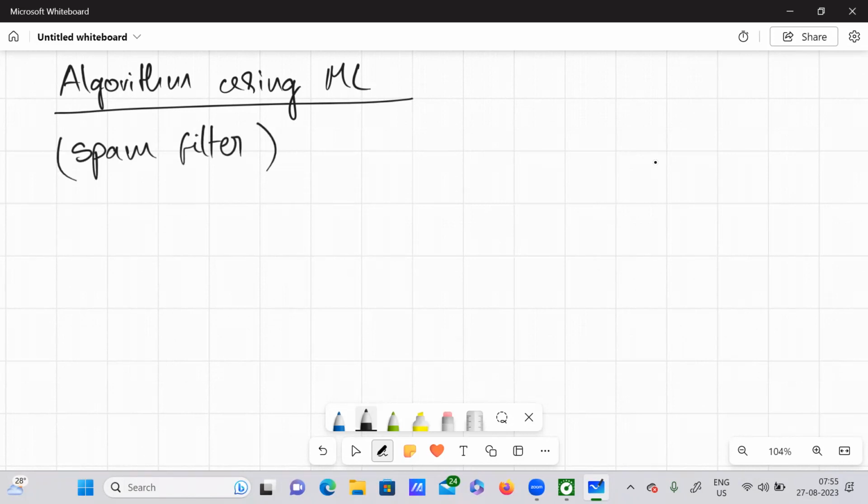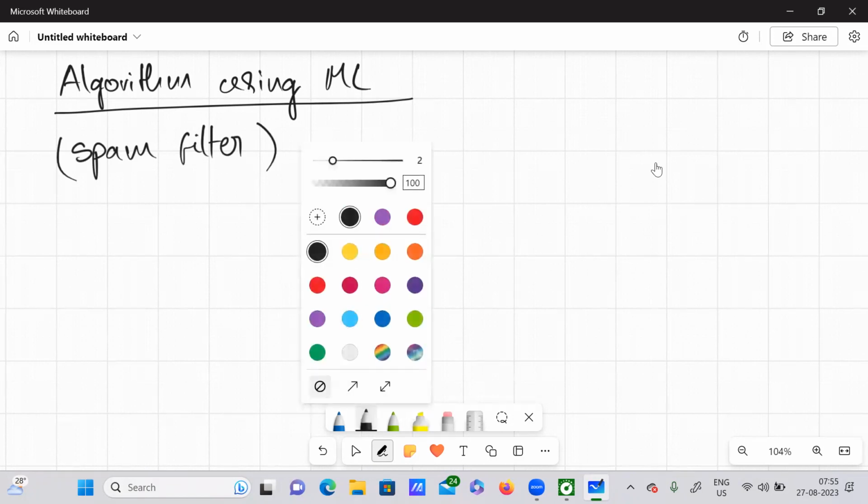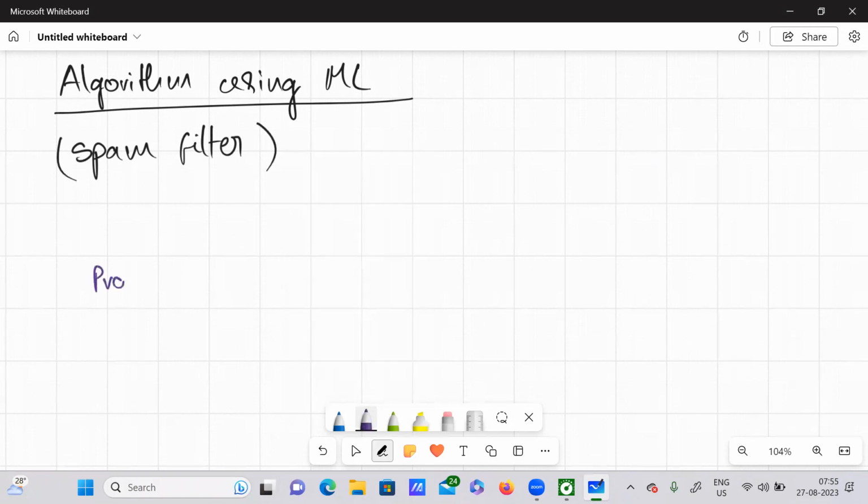For example, see, this is your problem, in the same way as we have seen earlier. Here, you train an ML algorithm using the data.